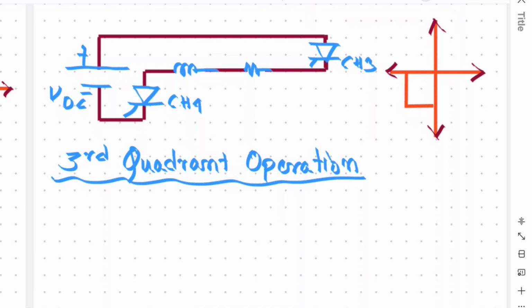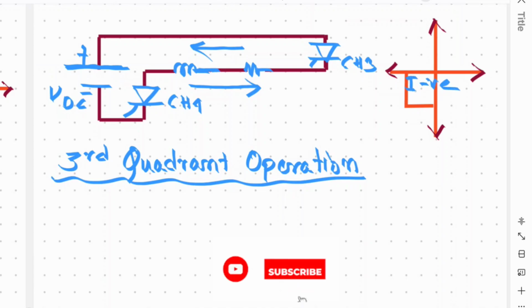In the case of the third quadrant operation, both voltage and current should be negative, and this is the conventional direction of the current. Now if we see, the current will flow in the opposite direction. So current is negative, and here voltage is also negative. So from this operation we achieve the third quadrant operation.